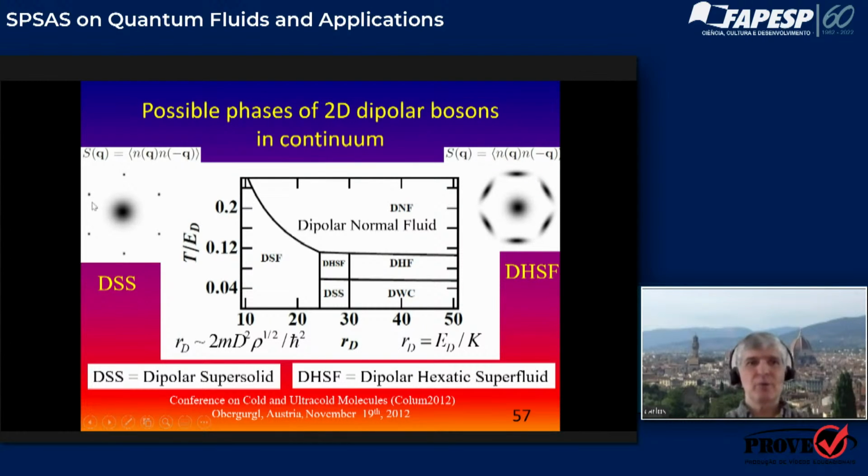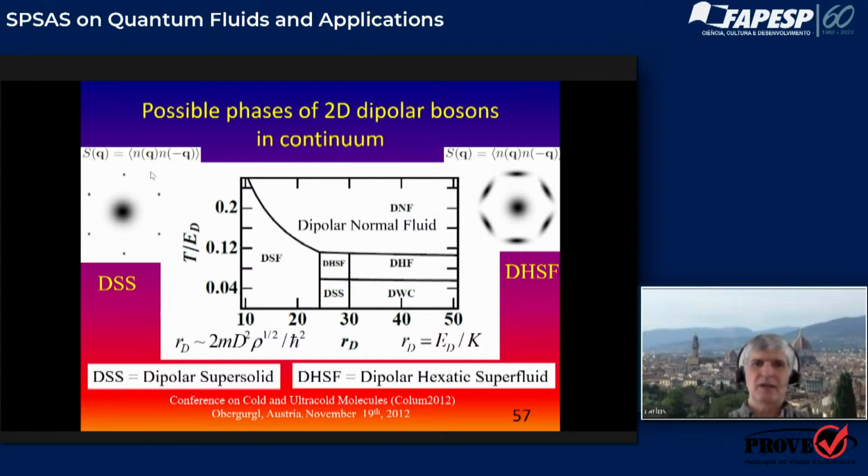You can imagine some non-uniform superfluid phases which do not have these very well-defined Bragg peaks. So in order to show that the system is a supersolid, it's not enough that you have an order parameter which is non-uniform.